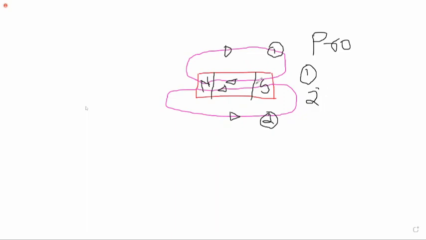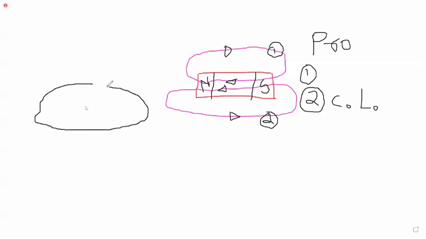Now, second property. See this magnetic field line. It is in a closed path, so it travels in a closed loop. They complete their loops. They travel in the form of closed loops like this.